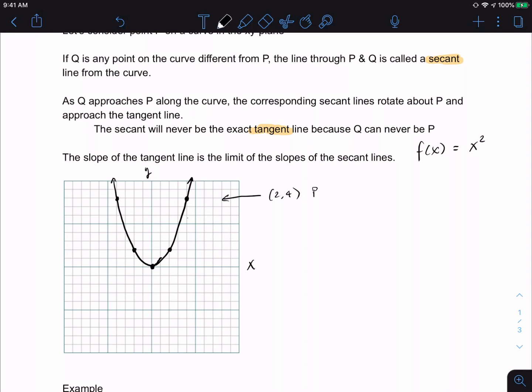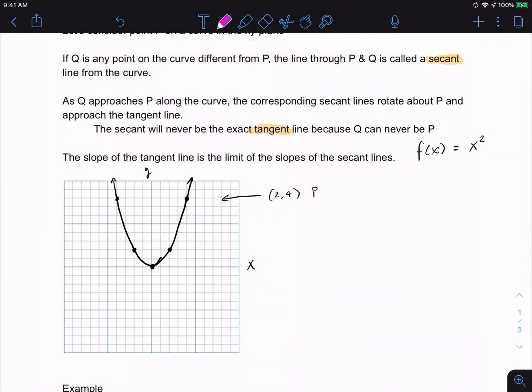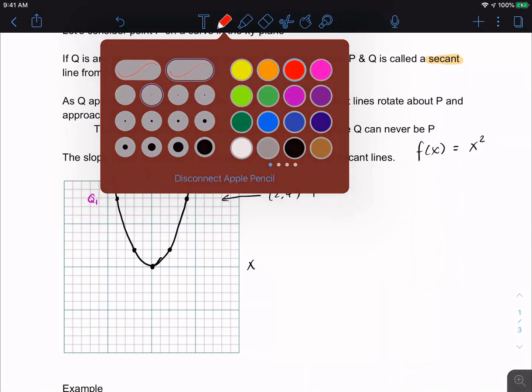Okay? So the first Q that I'm going to use, this as my Q1. So my first Q1 is going to be negative 2, 4. Okay? And what we're trying to do, and this is where the problem lies in calculus. I'll use red for this.